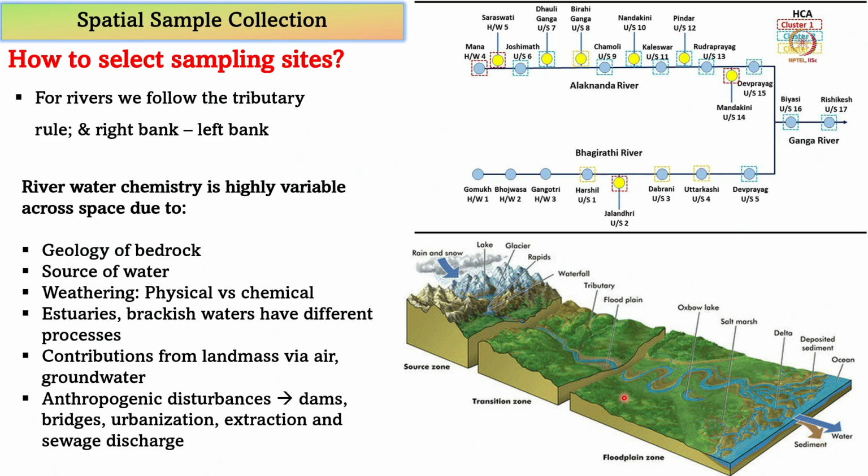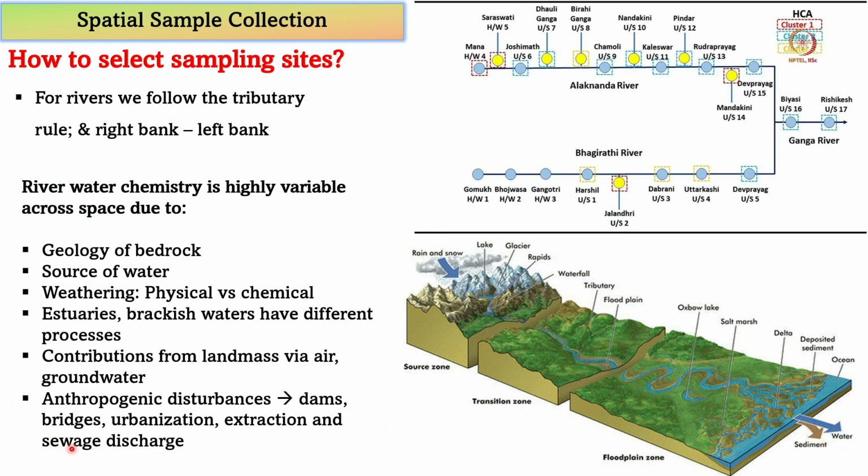So there a lot of other chemicals, pollutants are getting added. So that is again human disturbance, direct disturbance, like creation of dams, creation of bridges, urban centers. Then if the water is getting extracted at a particular place, or rather sewage is getting discharged into the river.